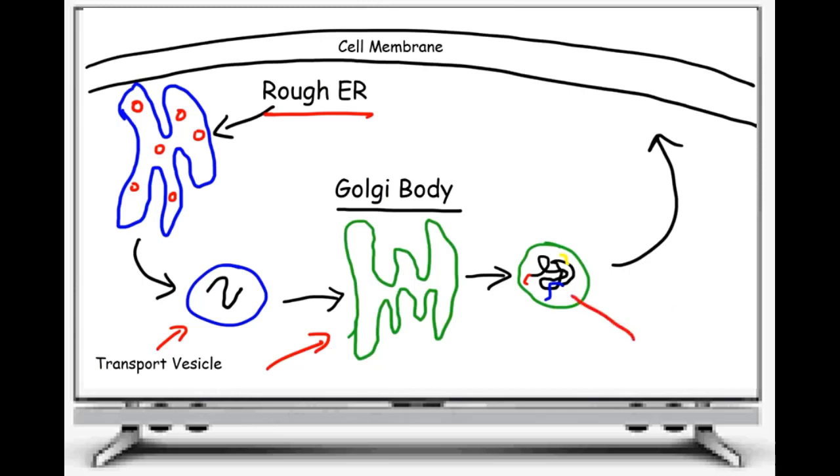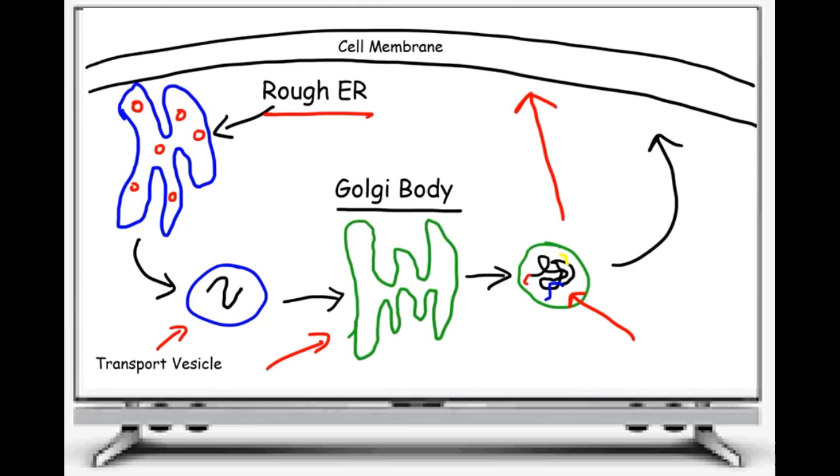So looking at the protein now, you can see that it has a different shape. At the same time, you could see different colors added to it. So this represents the lipids and the carbs added to the protein. So once the protein has been tagged with those extra molecules, it gets exported out of the cell. So it travels to the cell membrane where it leaves the cell to perform the function that it needs to do.